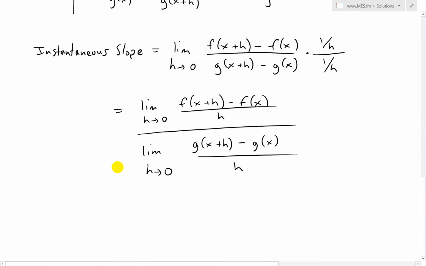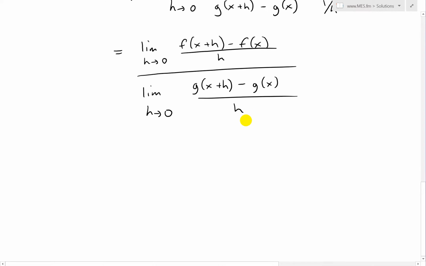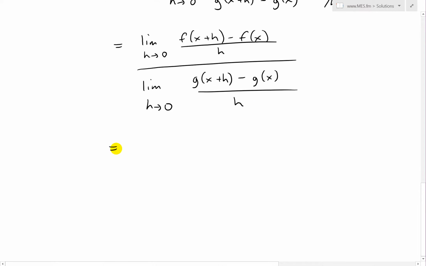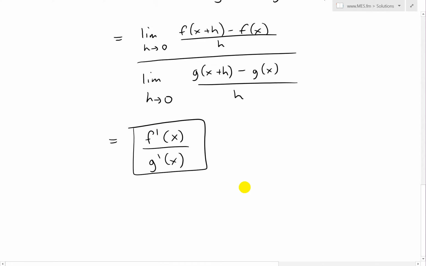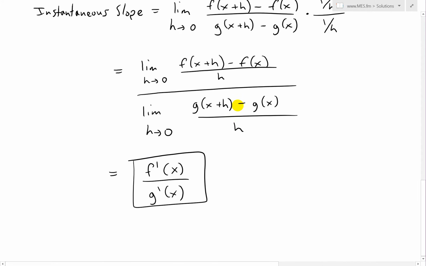So what this means is that the instantaneous slope of this new type of graph is equal to the derivative in terms of x of the f of x function, so f prime of x, divided by the derivative of the g of x function. So this is equal to the instantaneous slope.